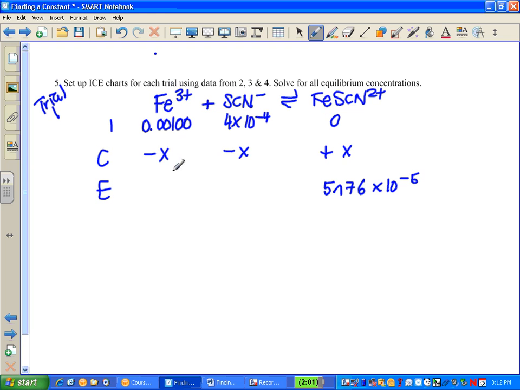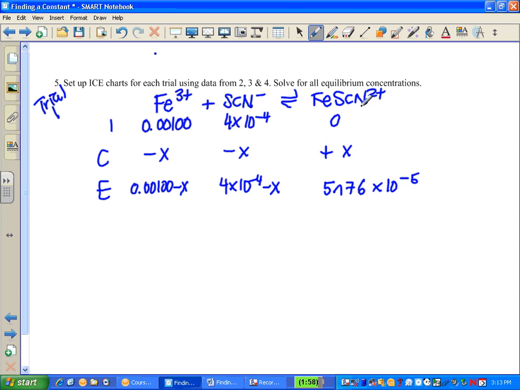So this must decrease by the same amount that this increases, hence the plus here and the minus there. So for these ions at equilibrium, my concentration of iron ions is 1 times 10 to the negative 3 minus x, and thiocyanate is 4 times 10 to the negative 4 minus x.